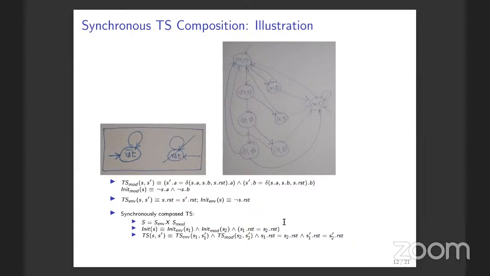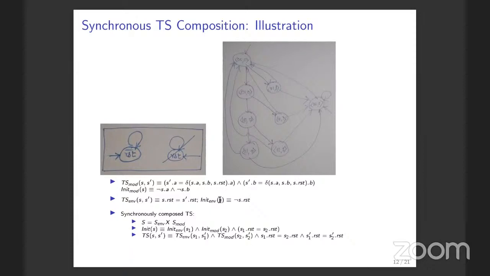Any questions? Okay, so that's how you do it. Another important point is that if you've already had subsystems' transition relations defined, you don't need to start from scratch to define the transition relation of the combined composite system.